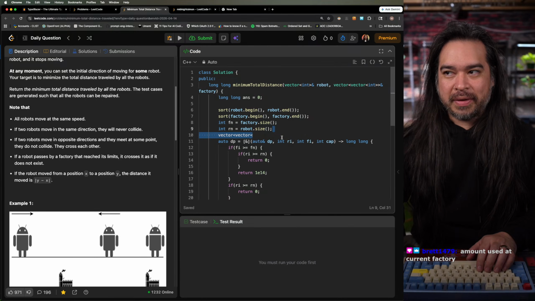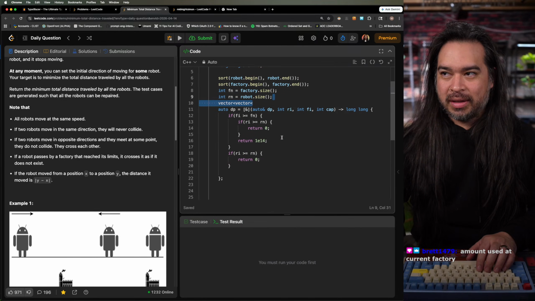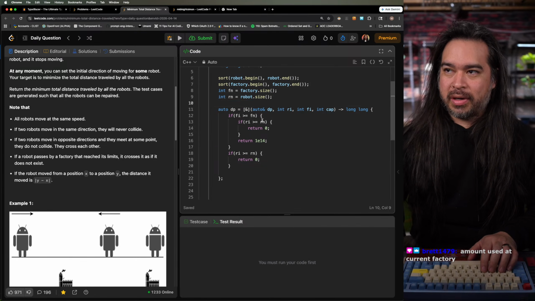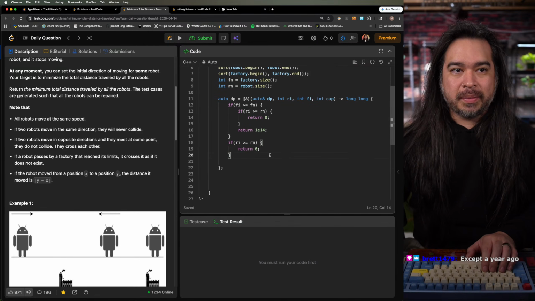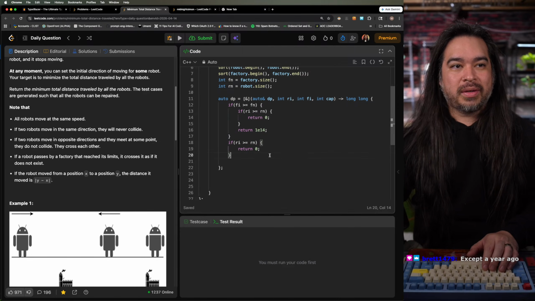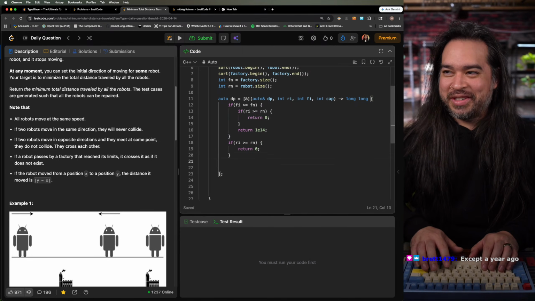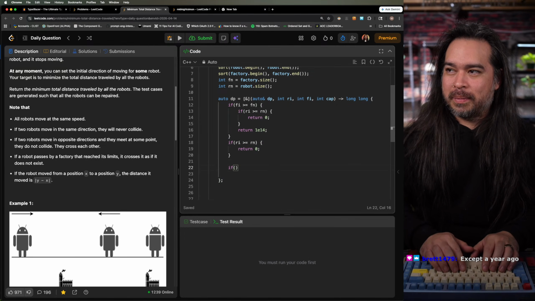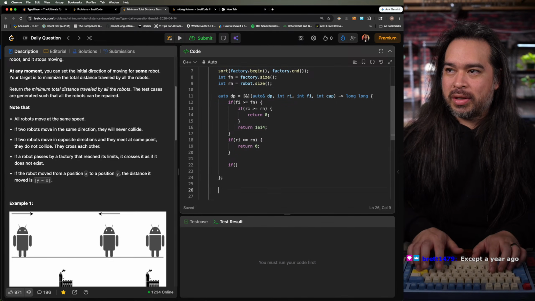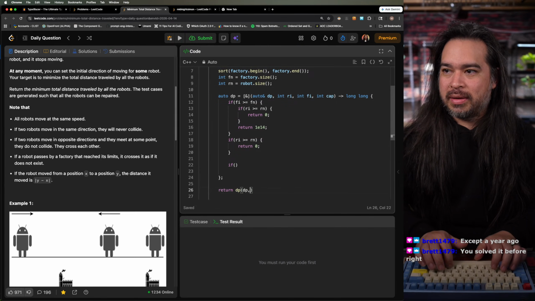And I don't think I've ever done anything like this, but I will do it. But before I do my cache, let me see if I can implement it first. We'll see. Hold on. So I'm calling it like DP.